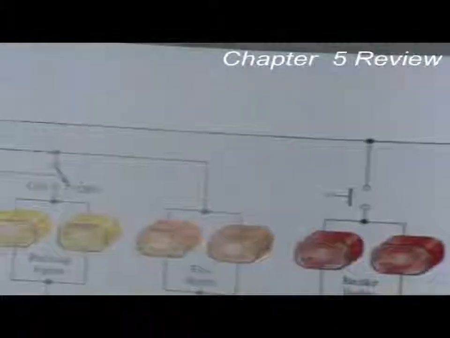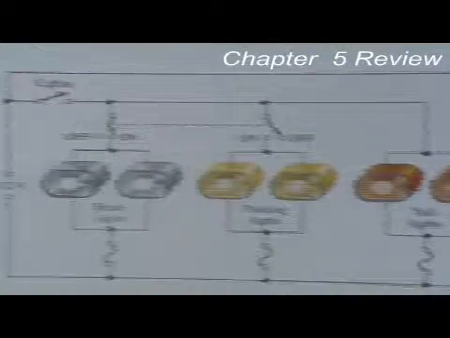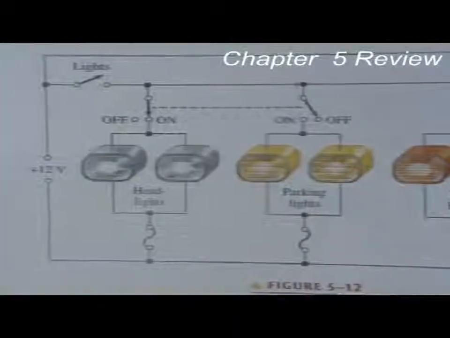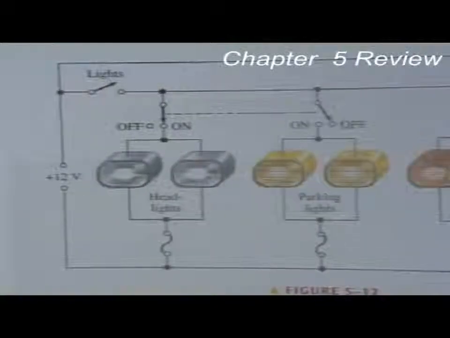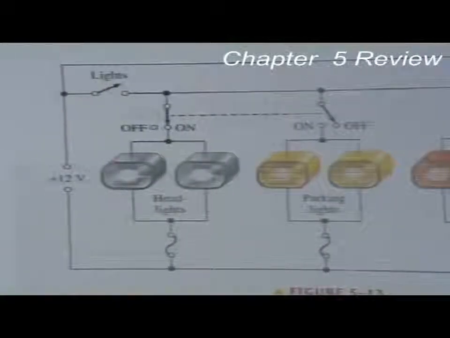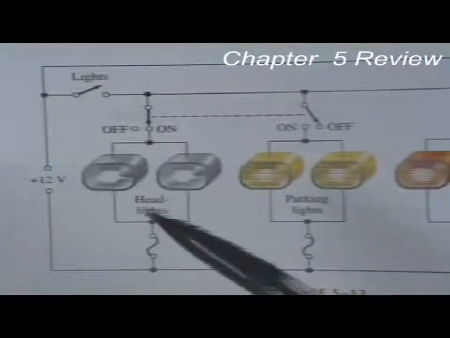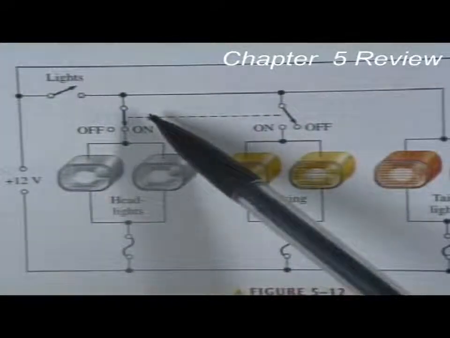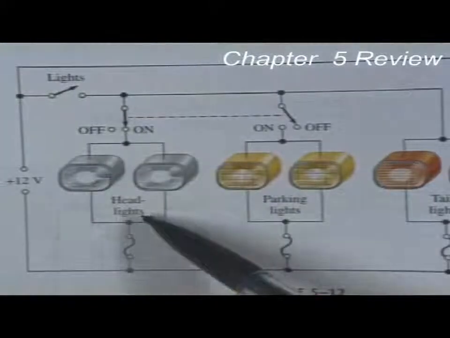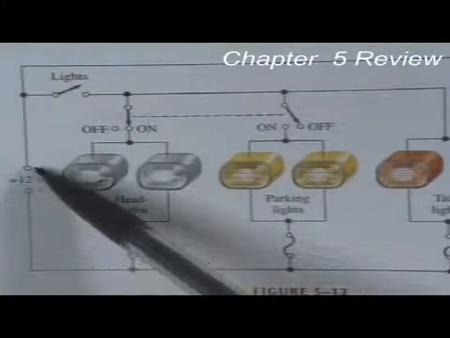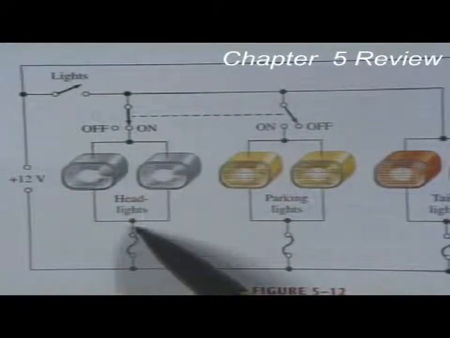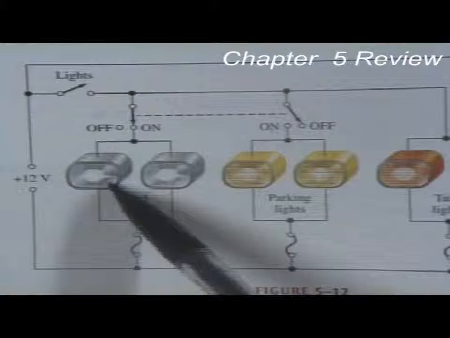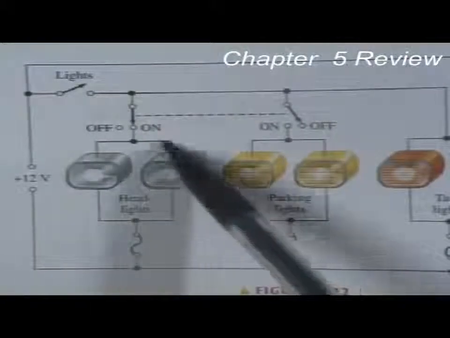Now, I'm going to try to put this into perspective. This is a diagram of an automobile, and it shows that these circuits are in parallel. Notice these lights? These are the headlights. This is the battery here. This is a fuse, remember? This headlight is in parallel with the other headlight.